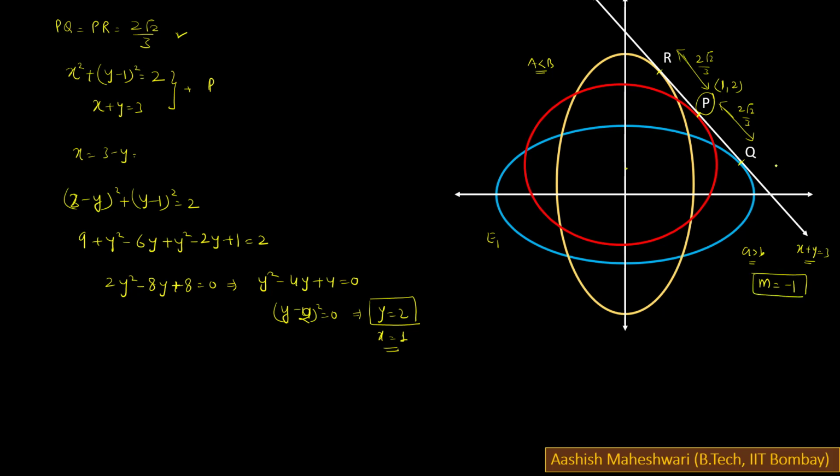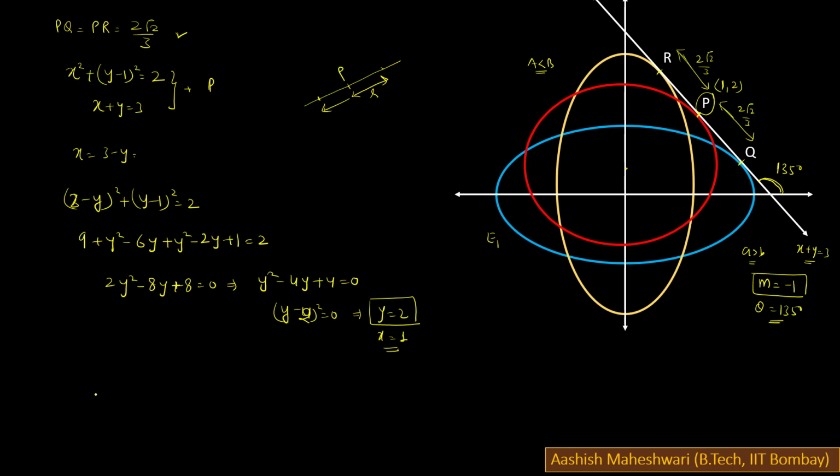That means the angle with the positive x-axis, tan theta is minus 1, that is theta is equal to 135 degrees. So for this line, tan theta is equal to minus 1, that is theta is 135. Basically this is the angle 135. Now you must be knowing how to write the coordinate of a point on a straight line which is at a distance r from the given point P. So how will you get this point?